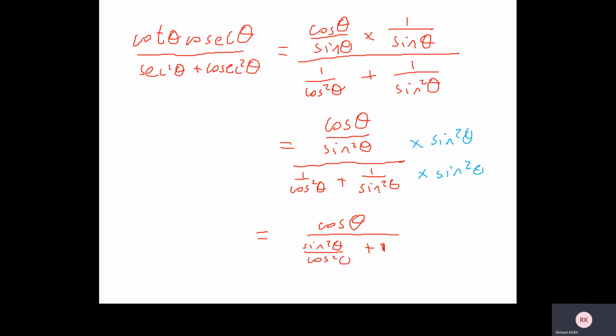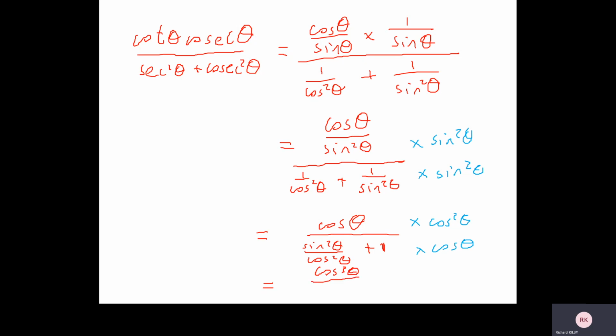What should I do next? Yeah, multiply top and bottom by cos squared theta. Can you see what's going to happen on the bottom, and on the top? The top is going to become cos cubed theta.